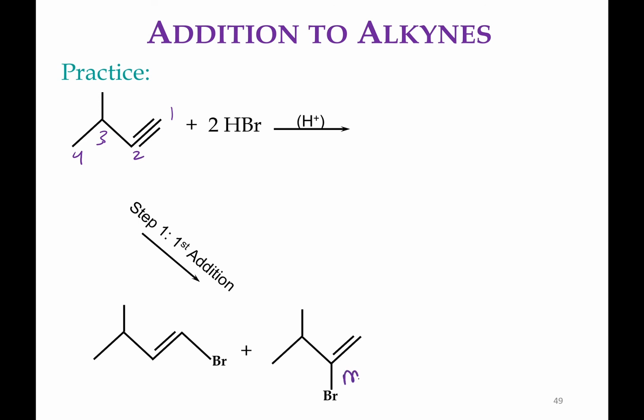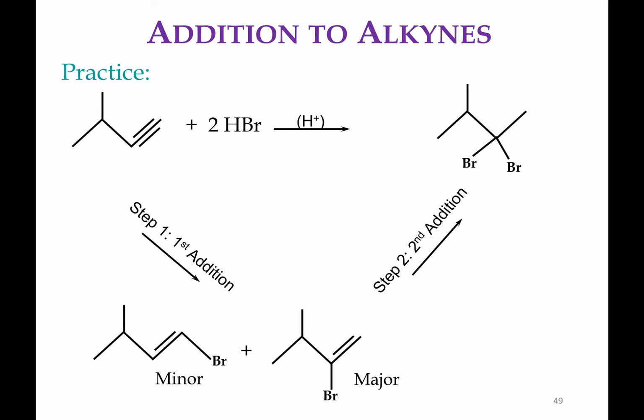And then finally, we get our second addition where we get this product. You can just take the major product and move it forward at this point. If you were to have the minor of the minor product, you're going to have such little of that product it's not going to be enough to mention. So if you just want to show the major product on this one, that's probably fine.